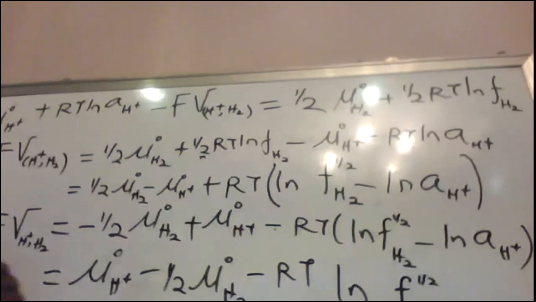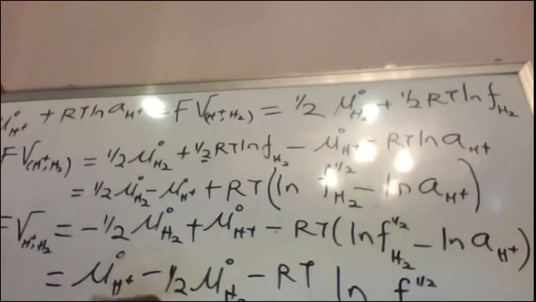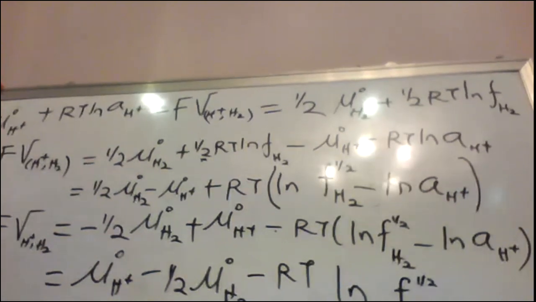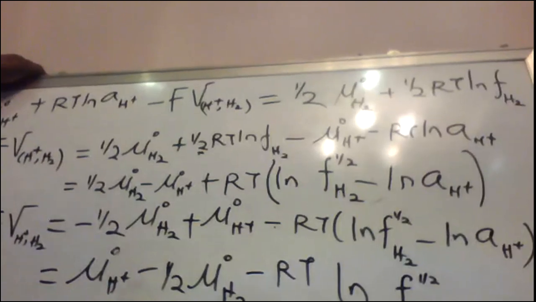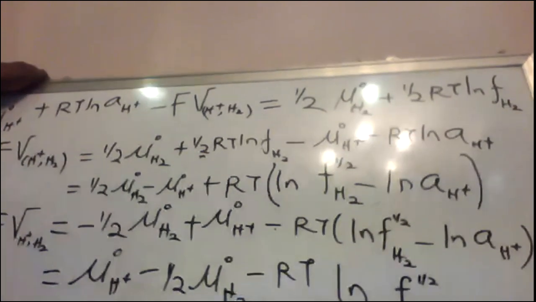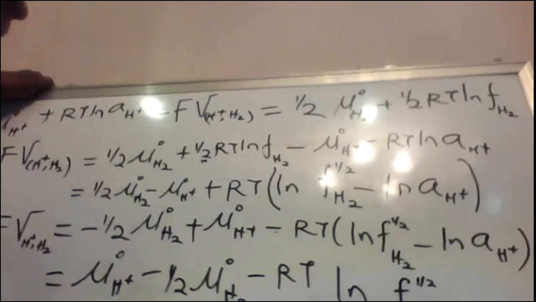So this is going to be mu naught H plus minus half mu naught H2 divided by F, right? Minus RT over F ln F. Ma, we cancel the board, ma.